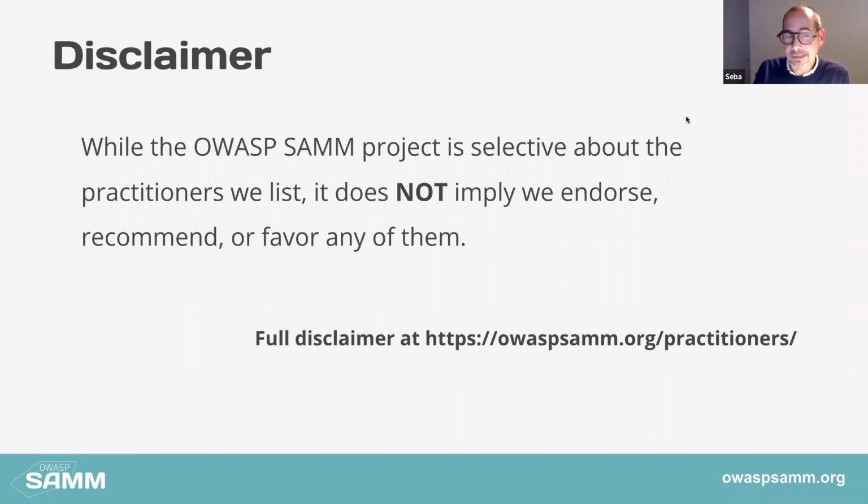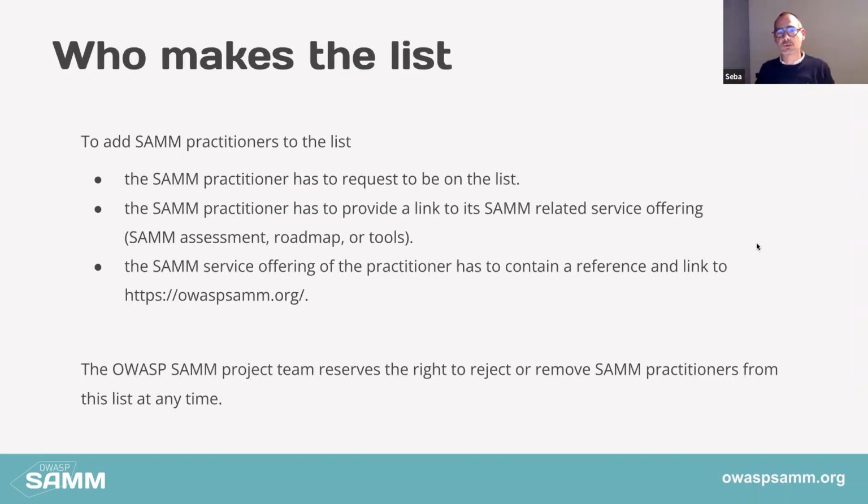Now, how do practitioners get on this list? There are quite a lot of them, and there's a growing number of service organizations that we know. The way to get on it is that anyone who thinks that they're offering a typical service that is relevant to OWASP SAMM can request to get on this list.